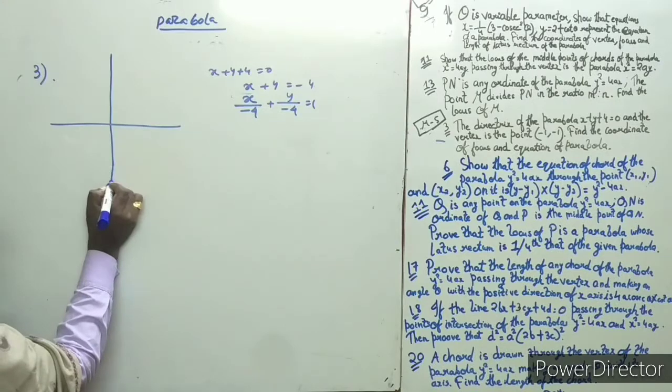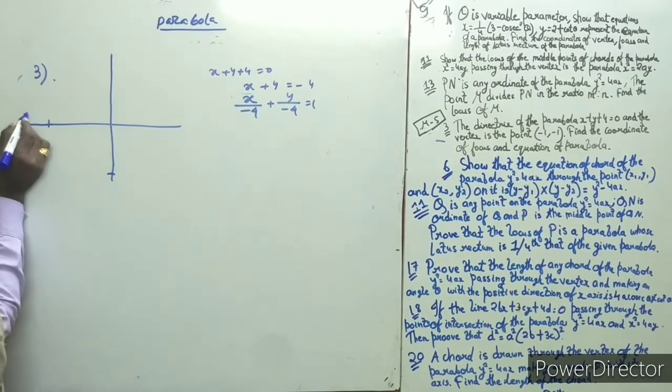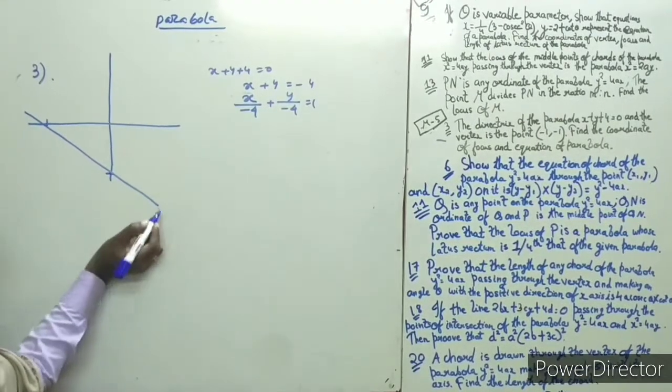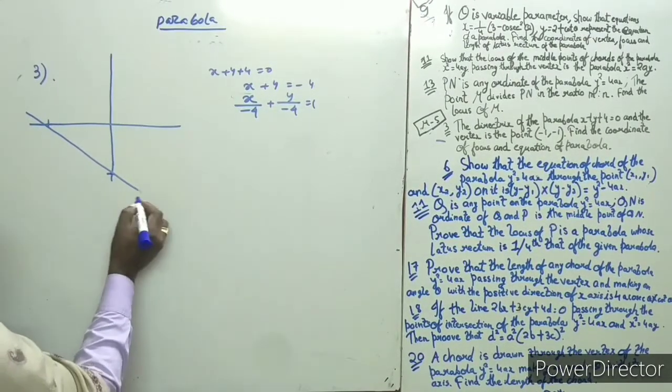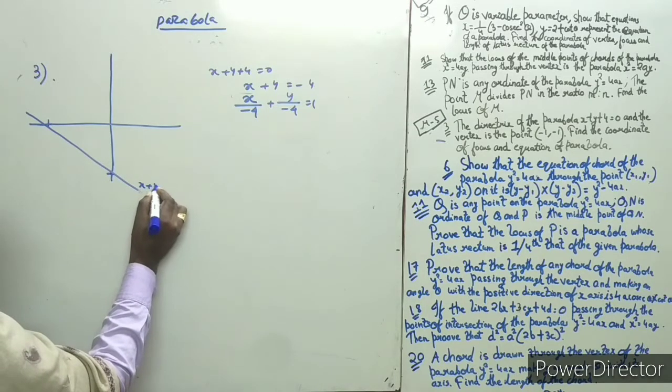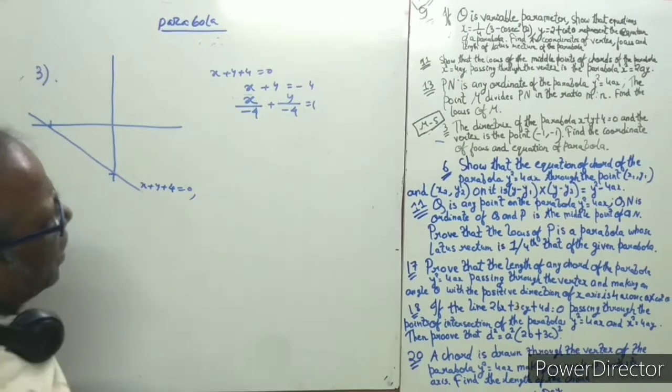So simply the intercepts are minus 4 and minus 4. This is the line x plus y plus 4 equal to 0.